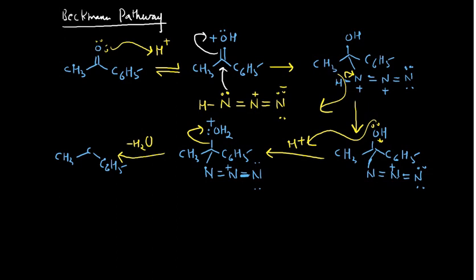And now, when this happens, this lone pair was there, when this is removed from here, you can push this electron pair here. So, this is carbon double bond nitrogen basically. So, you can write carbon double bond nitrogen with a positive charge, and nitrogen double bond nitrogen with this.